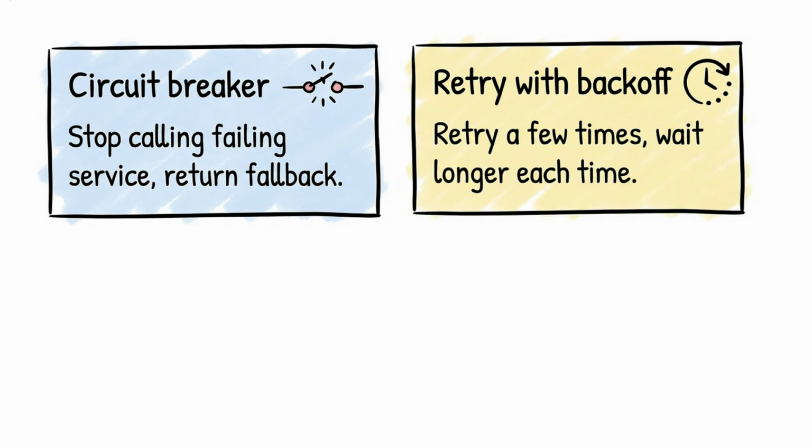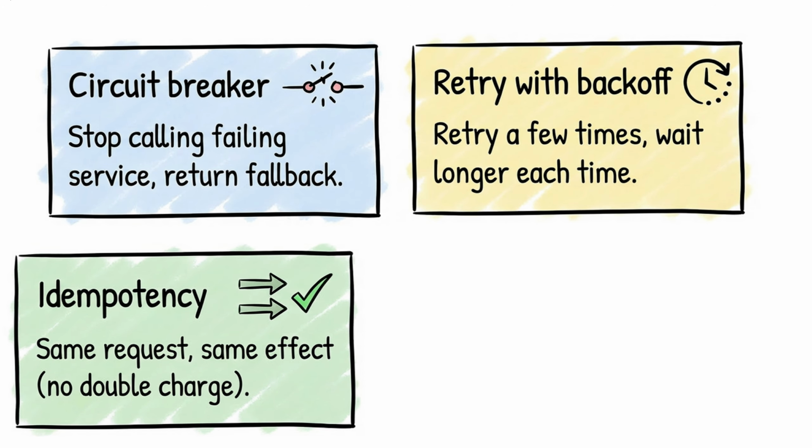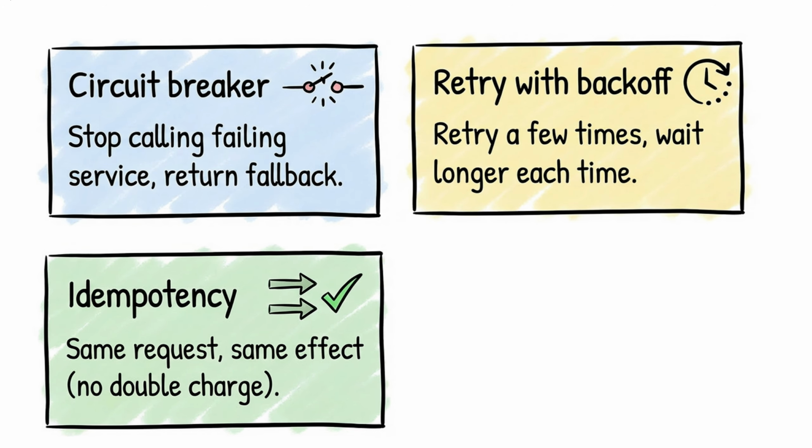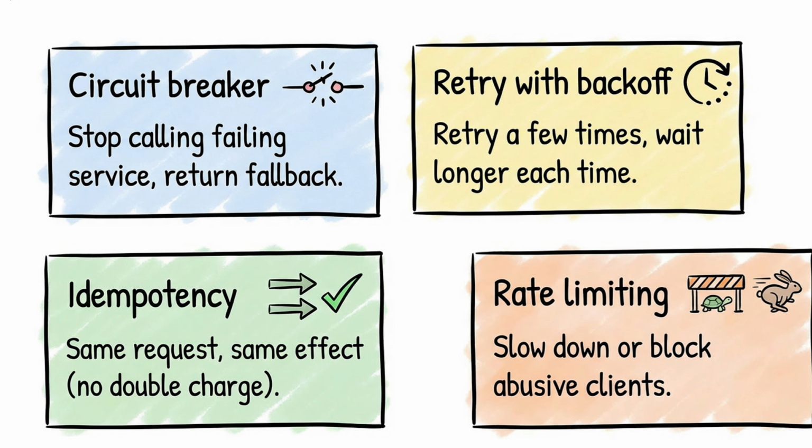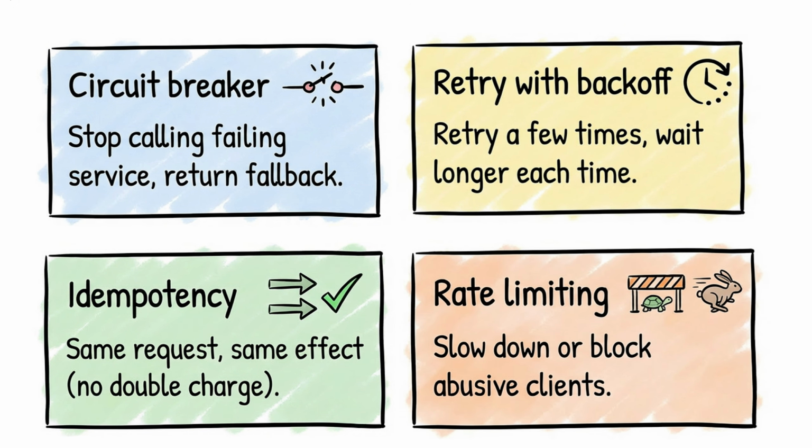Retry with backoff: if a request fails, you retry a few times, waiting longer between attempts. And idempotency: design operations so repeating them doesn't cause double effects. Rate limiting and quotas: protect your system from abusive or buggy clients. Slow down or block requests after certain thresholds.